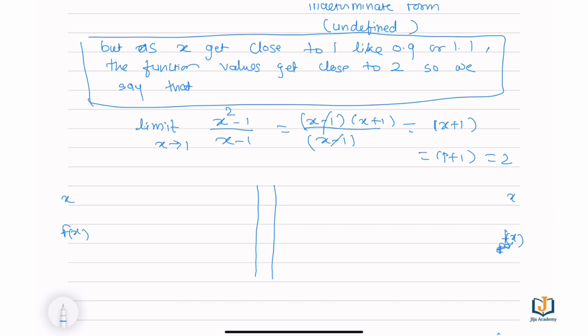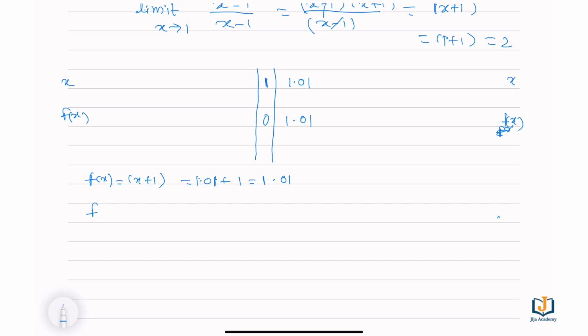Here for 1 it is 0, but for 1.01, putting 1.01 in x plus 1, 1.01 plus 1 is 2.01. For 1.1 we get 2.1, similarly 1.2 we get 2.2, 1.3 we get 2.3.